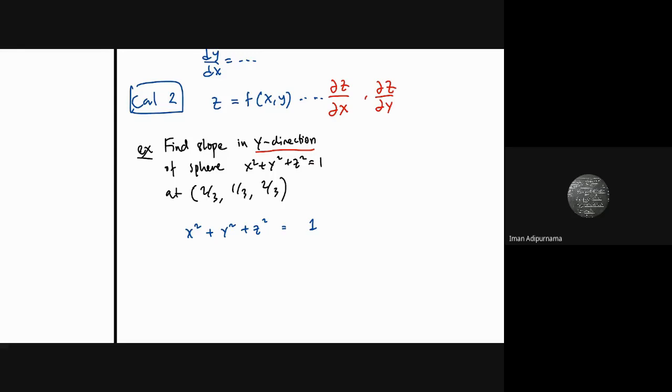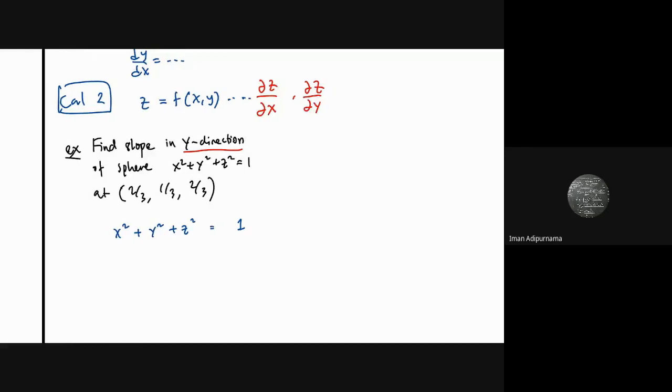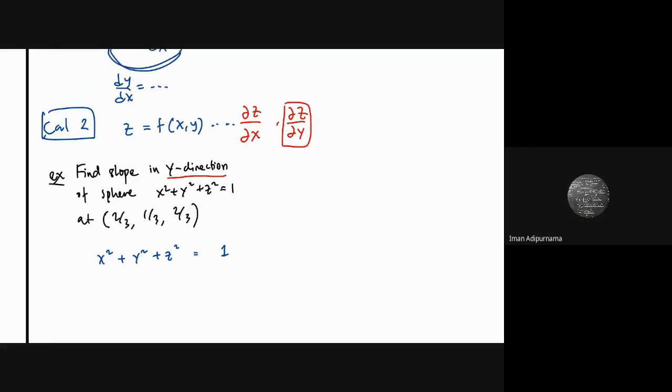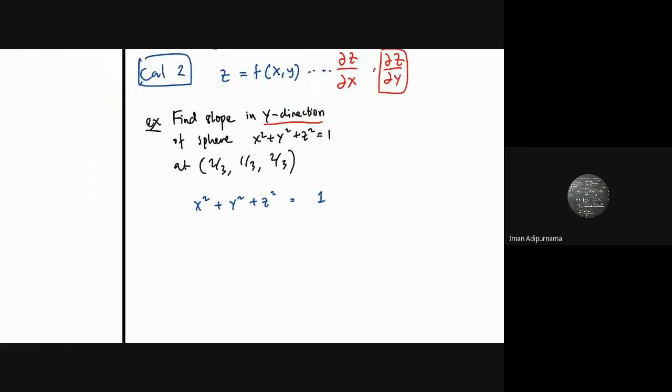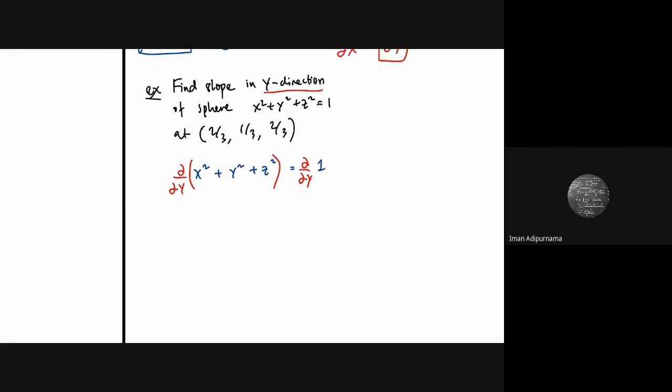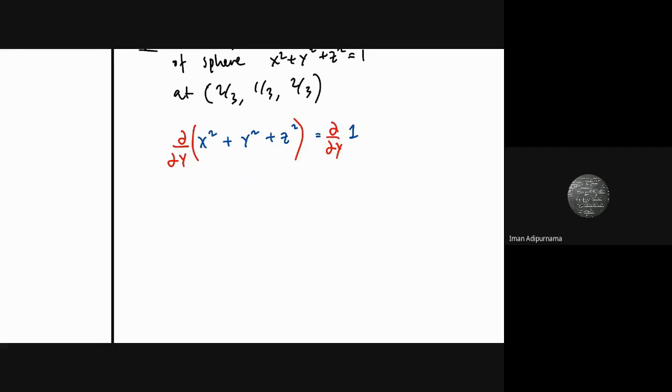Slope in y means we need to find this ∂z over ∂y, or partial of y. Let me write partial of y. Okay, now how to deal with this? When you meet the x, that's a constant, meaning 0. When you meet the y, that's your variable, so you need to differentiate that.